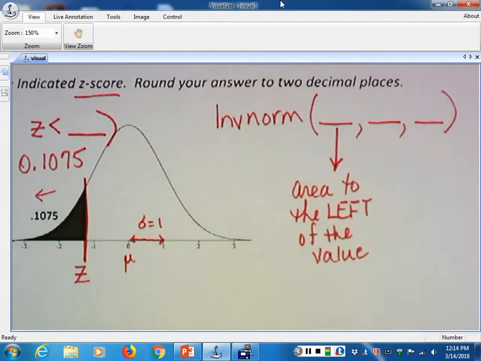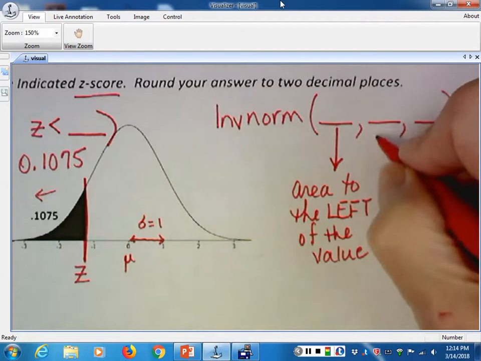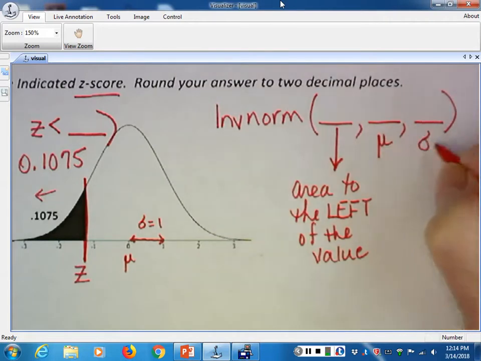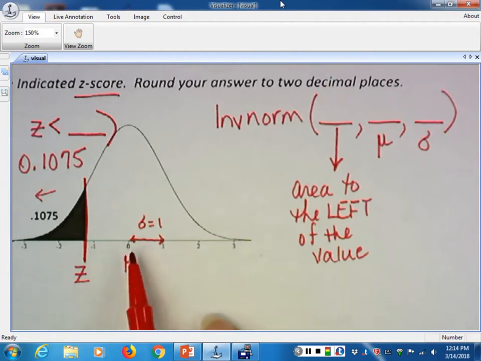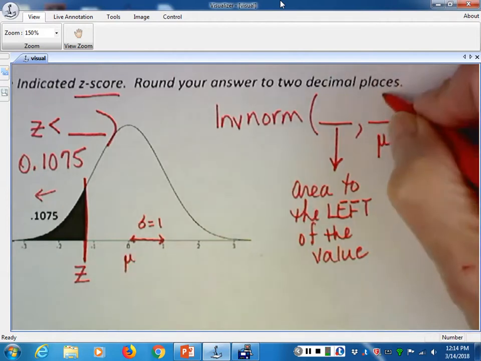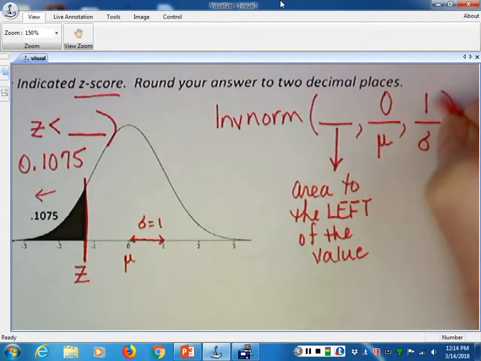It's the area to the left of the value. These two are the same as before, the mean and the standard deviation. And since this is z-scores, we know the mean is 0 and the standard deviation is 1.